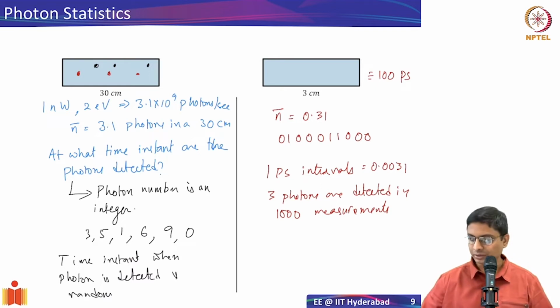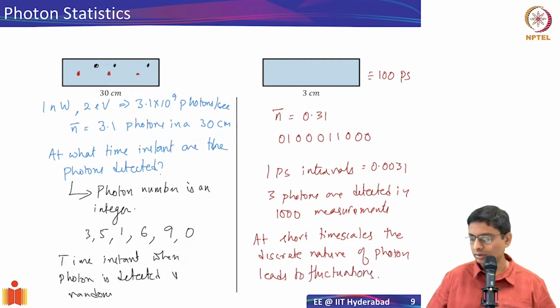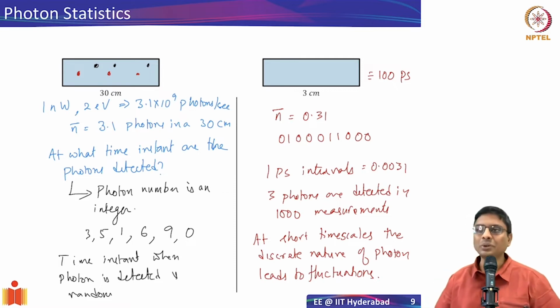So we can conclude that at short time scales like 1 picosecond and so on, the discrete nature of the photon leads to fluctuations. What are those fluctuations? How will they look?